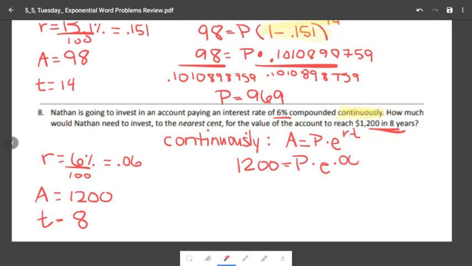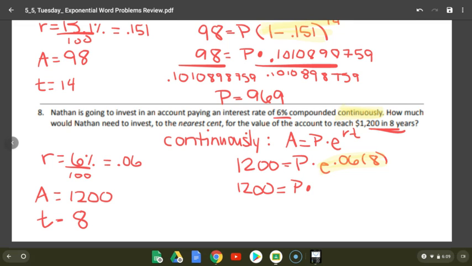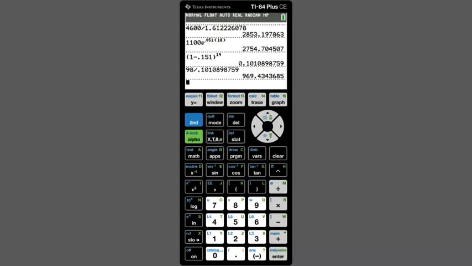So plugging in all of these numbers, we're going to plug the E with the exponent into our calculator. So we're going to have 1,200 equals P times whatever we get on the calculator. E again, second, the blue button.